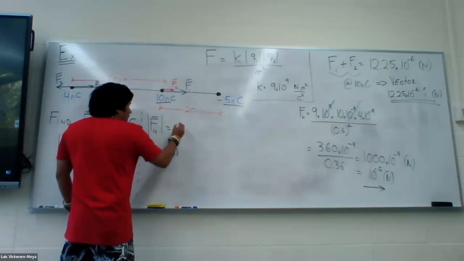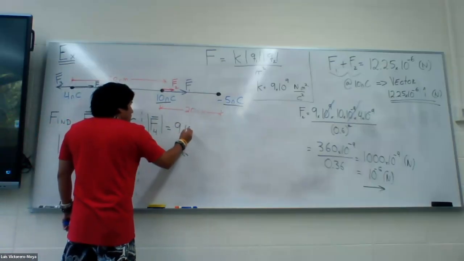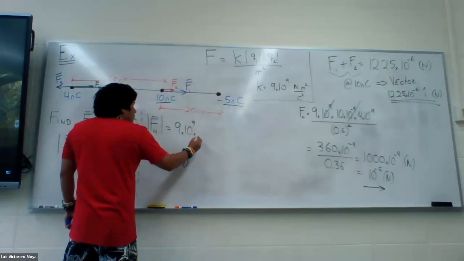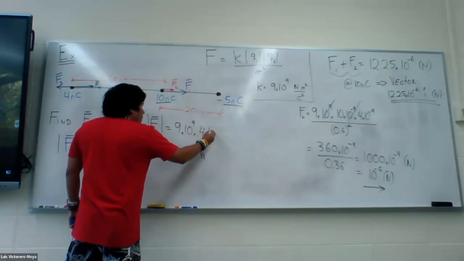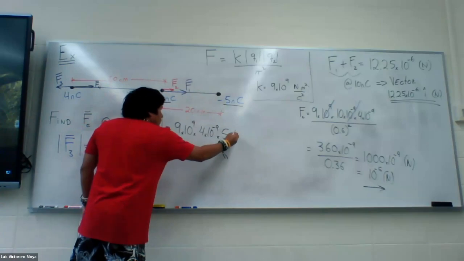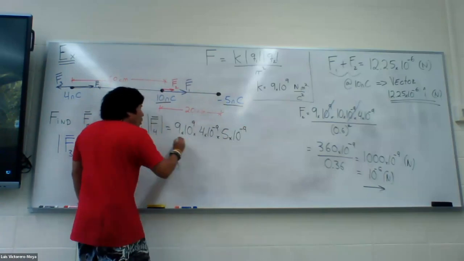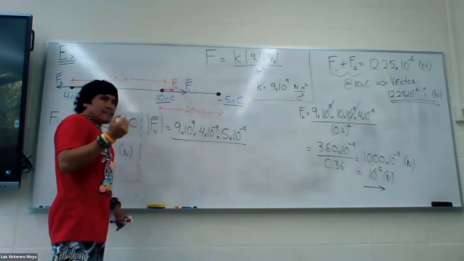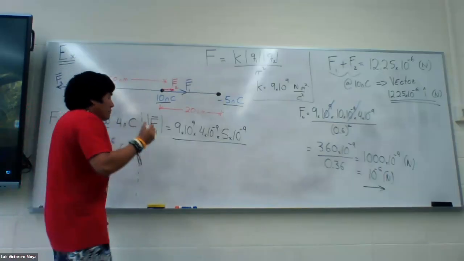So here it will be K times 4, 5 over 80 centimeters, which is 0.8.